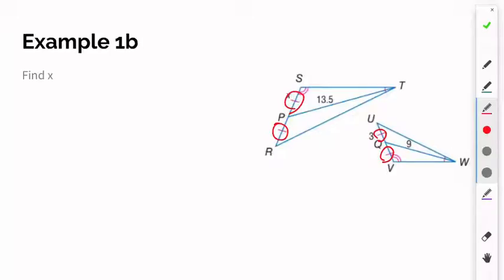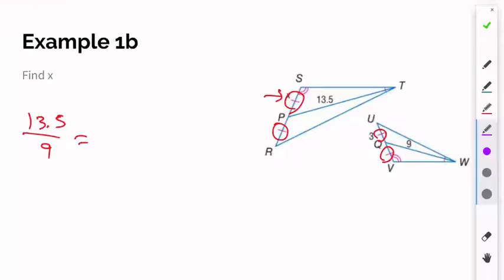So remember that median over median equals side over side. So let's look at the median of our first one. We get 13.5 over 9 equals. Now this is where it gets a little bit tricky here. We have to have a side over side. In this case, notice that x here is only representing half of this full distance.